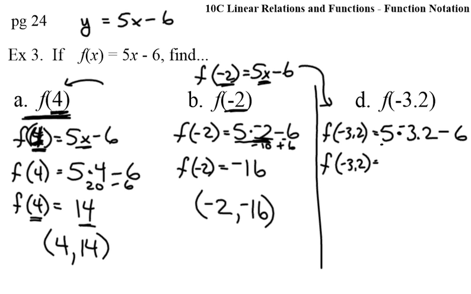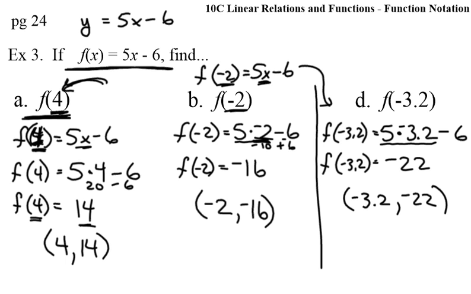When we do the math here, negative 16 minus 6 is negative 22. So we know that when x is negative 3.2, our resultant y is negative 22. A function simply dictates what to use for x. So that's the first part to this.